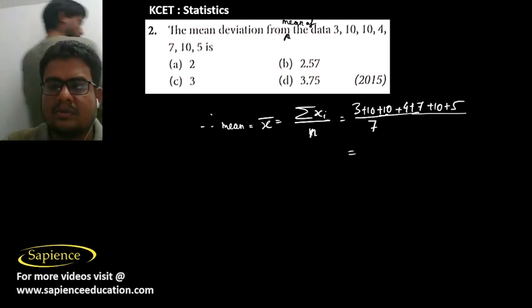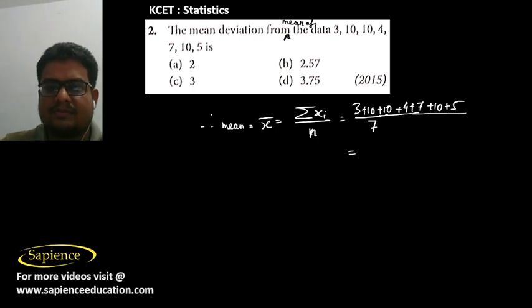So this will be equal to 23 plus 4 plus 7, that is 11, 11 plus 15, divided by 7.